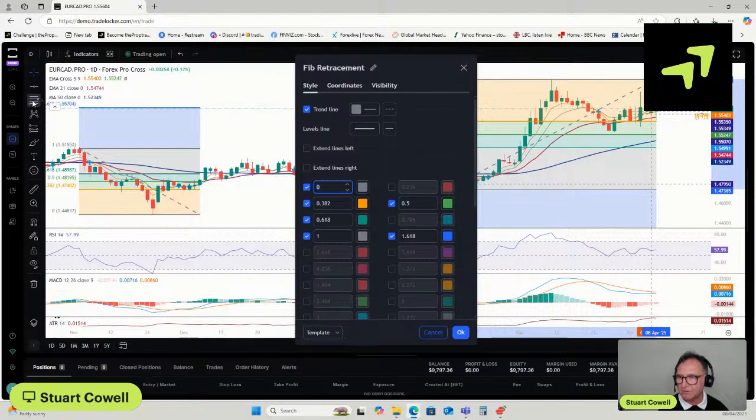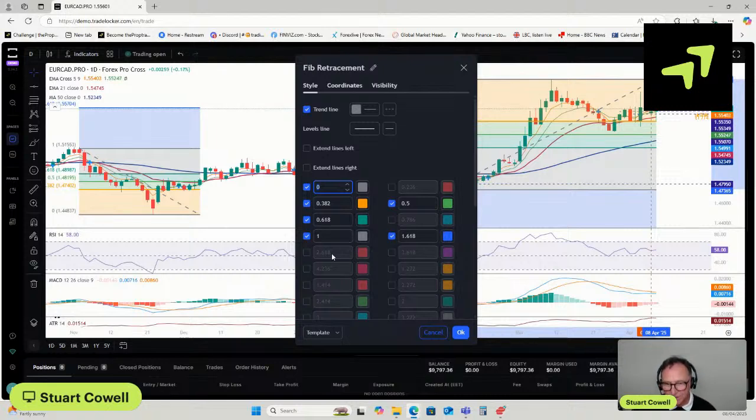It's there on your Trade Locker platform, and I've taken off the 23.6 level. I've taken that one off, and the 0.786 level also taken off. I've never used it. I know lots of platforms default to using it. I think the TradingView Trade Locker default is to use 78.6 as well. It's just something I don't do, so just bear that in mind.